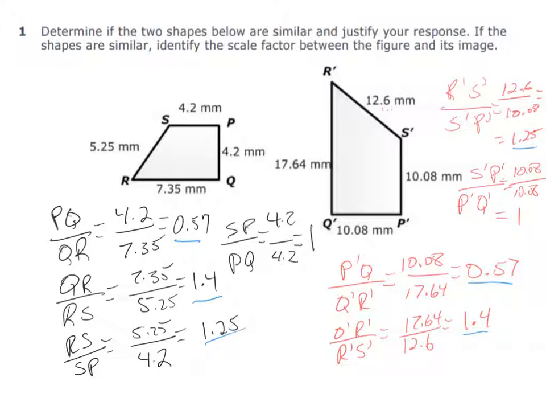Now it says once we have found that, we need to determine what the scale factor is. All right, so in order to find the scale factor, it gives us a little bit more in depth. So let's do this to be able to find the scale factor.